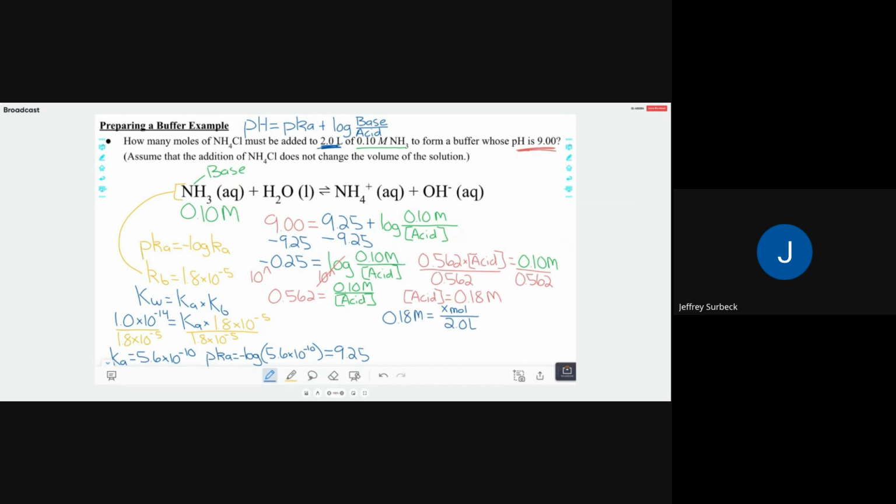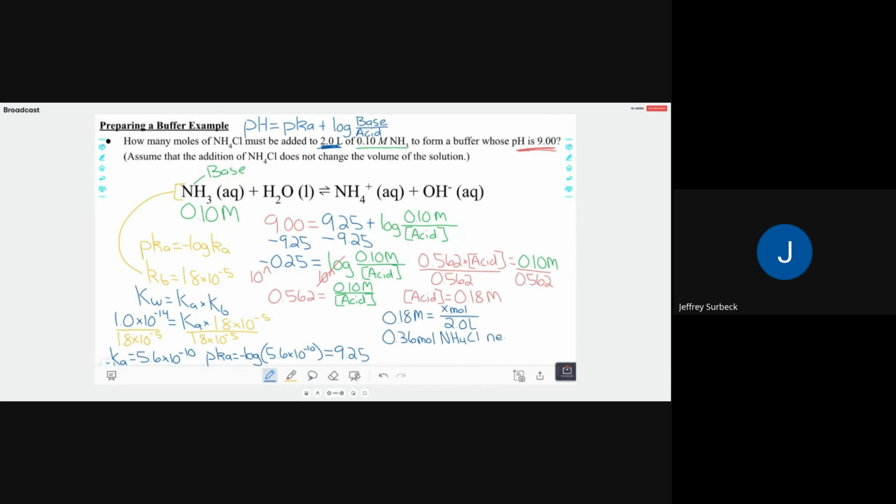So how do we get X, our number of moles here? Yep. We take 0.18 times 2.0, and we get 0.36 moles of NH4Cl that is needed.